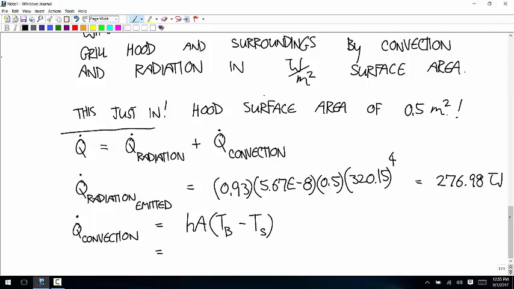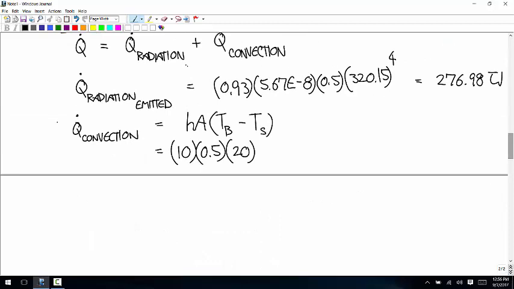And we're given the constant H is equal to 10. And the area is 0.5. And then the difference between these two temperatures, 47 minus 27, so 20. And we get a total rate of convection of 100.